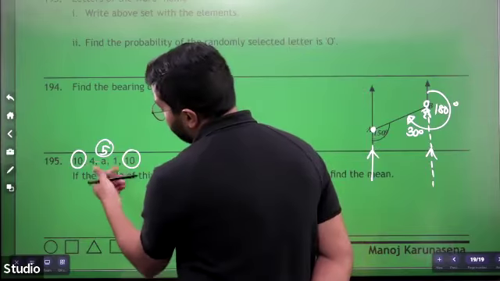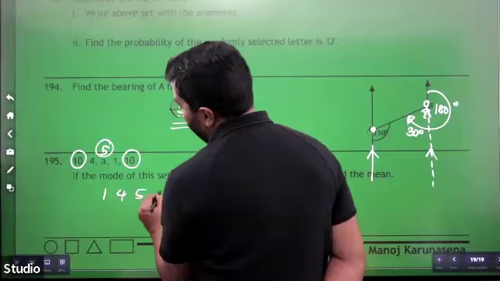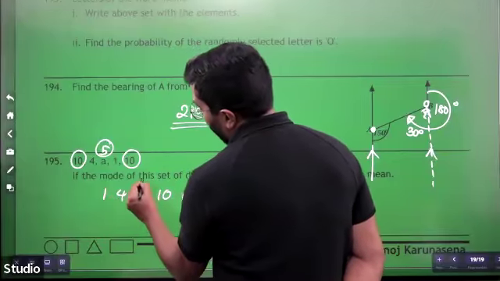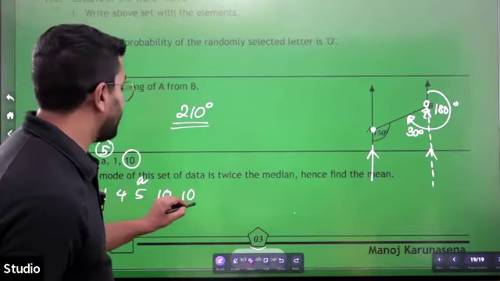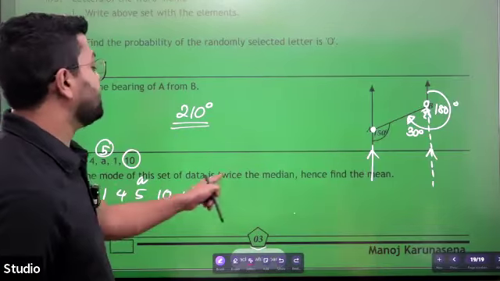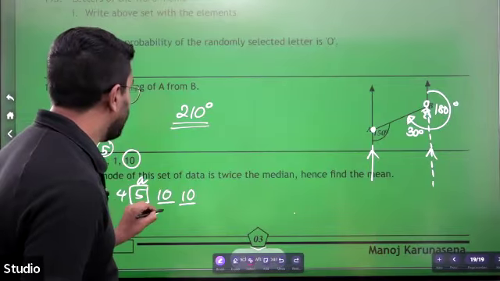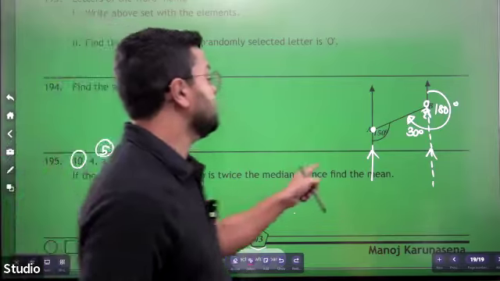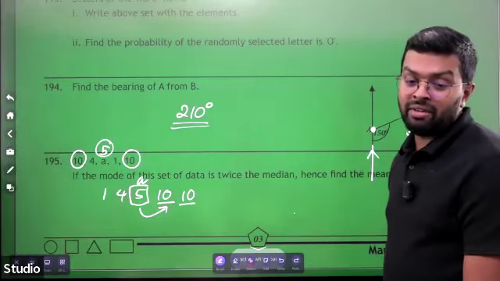Now let's write these numbers in ascending order. 1, 4, 5, 10, 10. A is 5. The mode of this set of data, the mode is 10, is twice the median. The median is the middle one. Hence find the mean. Mean is the average.